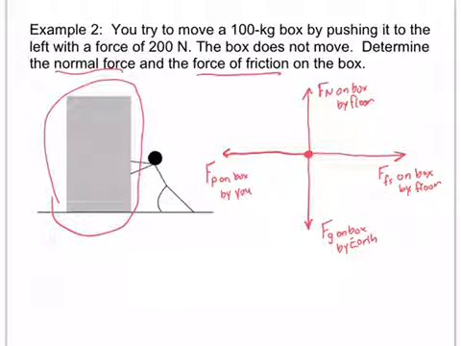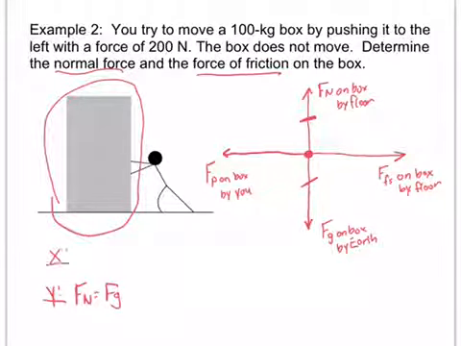Now, since the box doesn't move at all, we know things have to be balanced. We've got the normal force, the force that points up, and it has to be equal to the force of gravity. And that's where our y equation is going to come in. We know that the normal force is equal to the force of gravity.